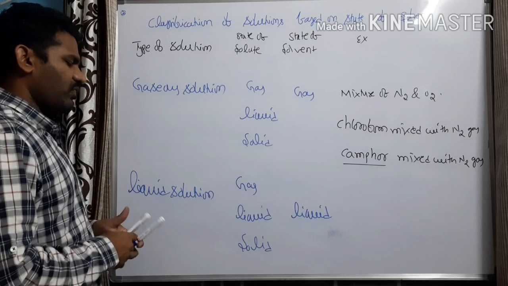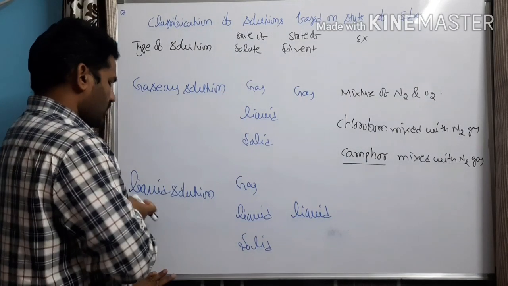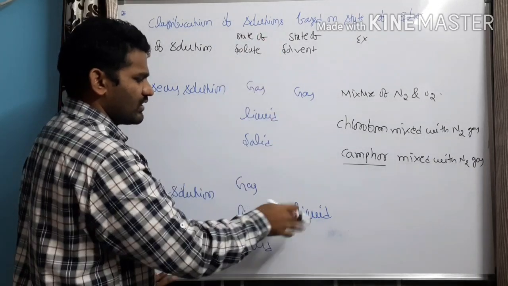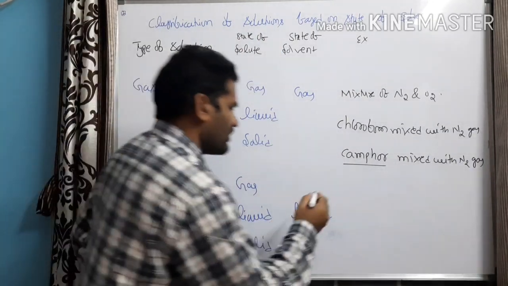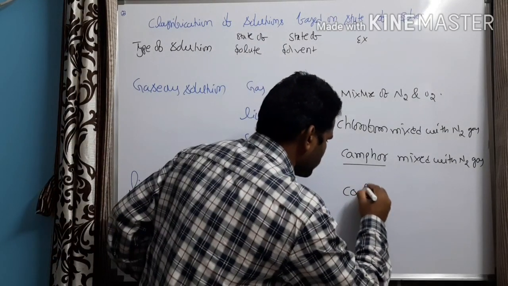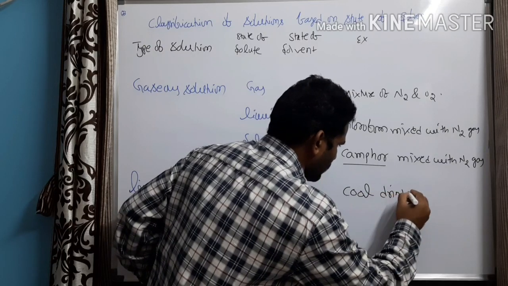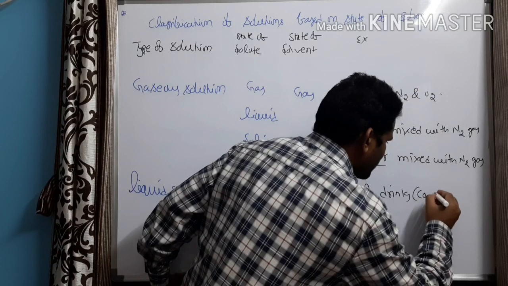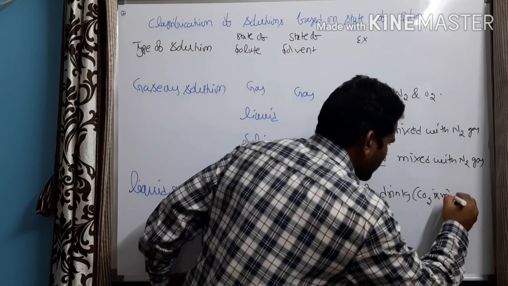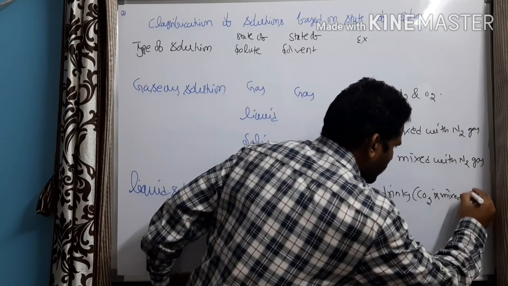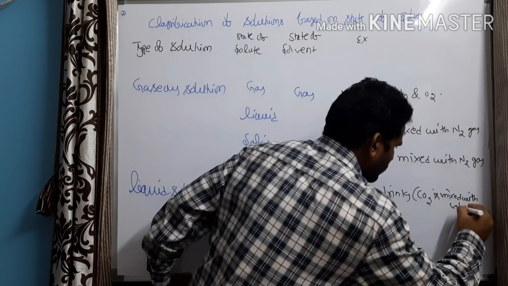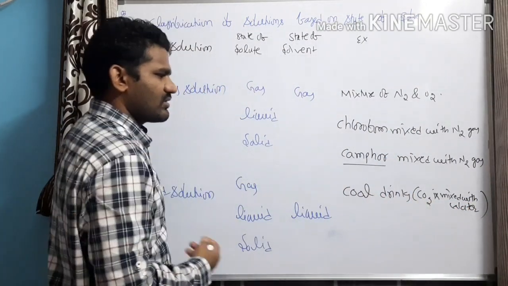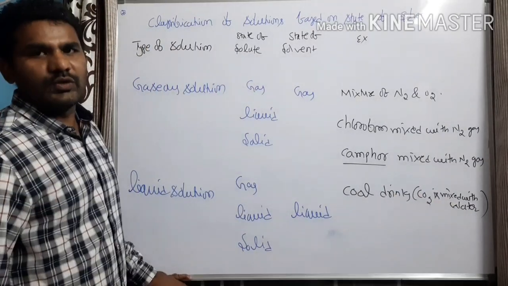First consider the example for liquid solution where solute is in gaseous state and solvent is present in liquid state. Example is all cool drinks. In all cool drinks, carbon dioxide is mixed with water. Here, the carbon dioxide is present in gaseous state whereas water is present in liquid state.